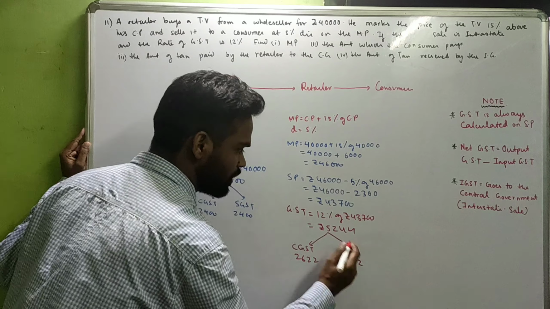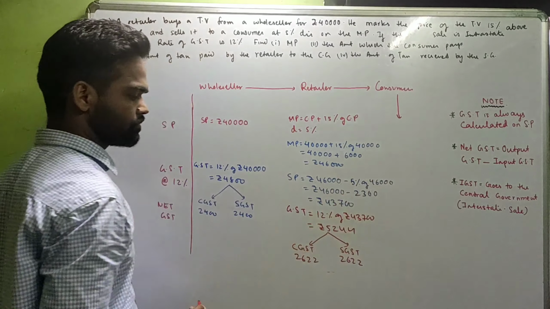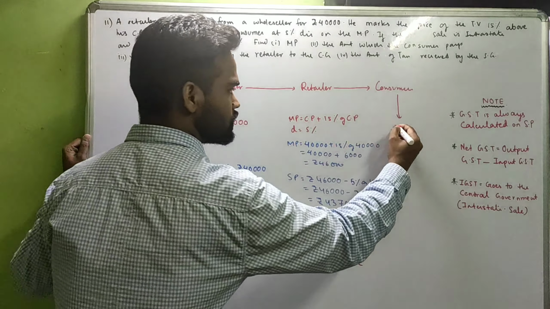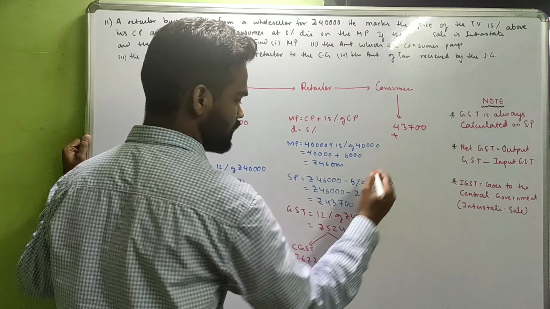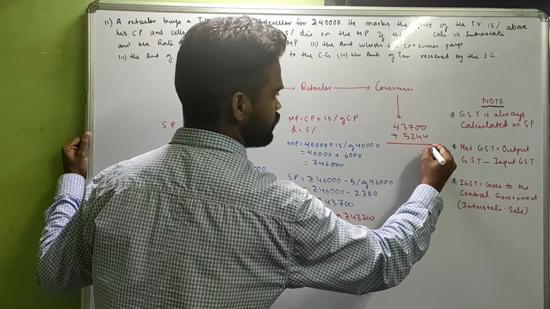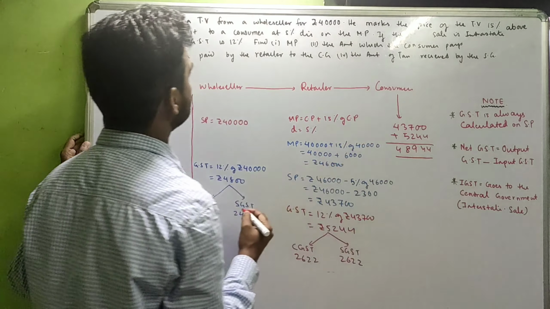Over here also same, half of this. Okay. Now what does the customer pay? This, which is 43700 plus the tax, which is 5244, which means the customer pays this much.